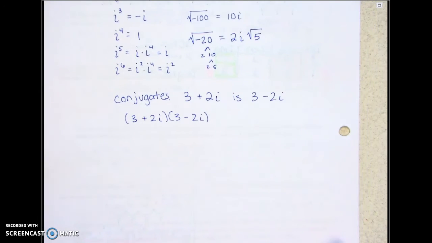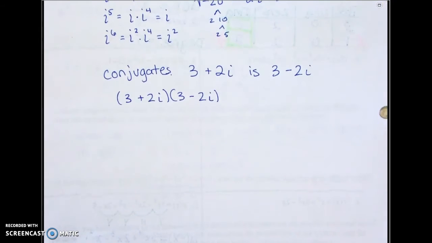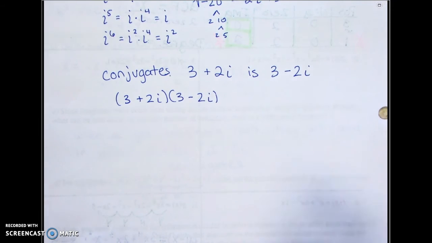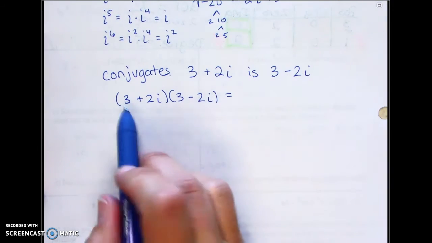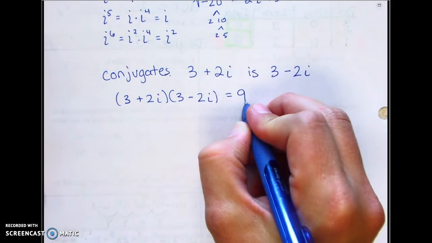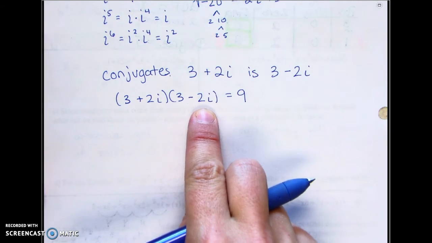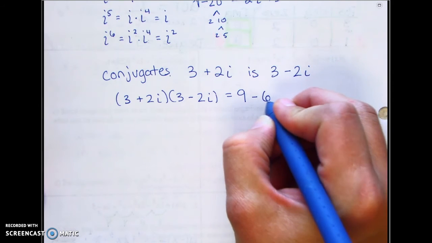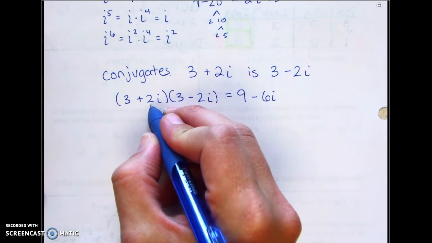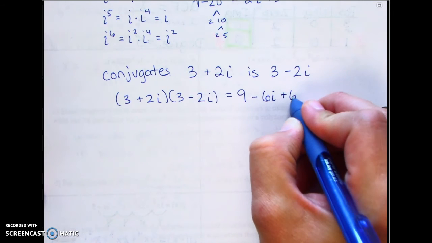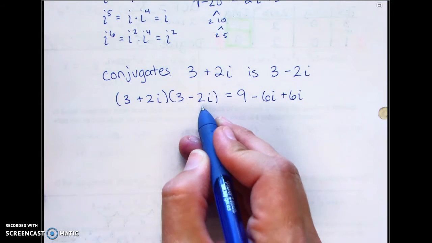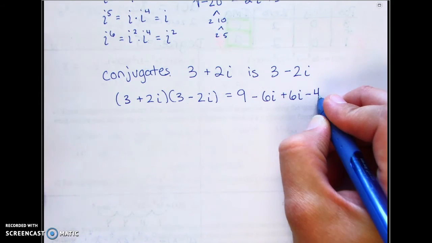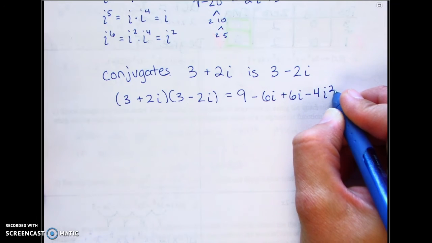We're going to FOIL this. Ready? What's 3 times 3? 9. 3 times 2i, minus 6i. 2i times 3, plus 6i. 2i times negative 2i, minus 4i squared.